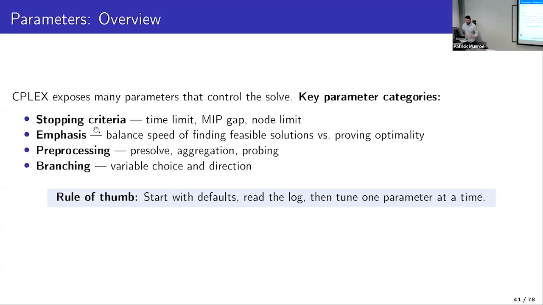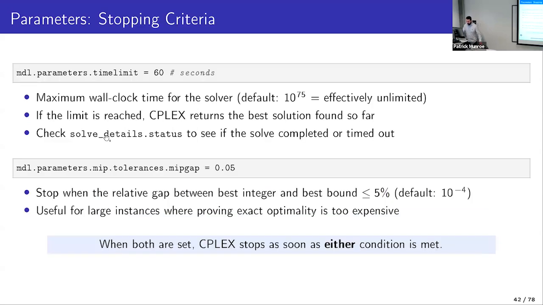There are also some parameters about the pre-processing, so the presolve that I mentioned quickly earlier, and also about the branching. But some of them are more technical, more advanced. So I will only talk about the ones that are, in my opinion, the most commonly encountered parameters.